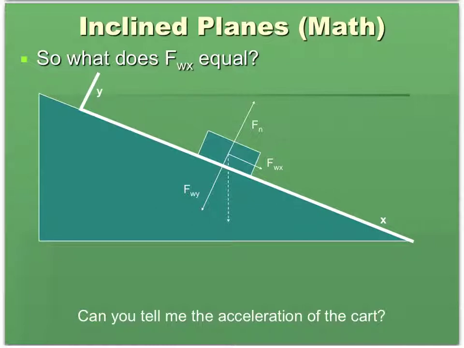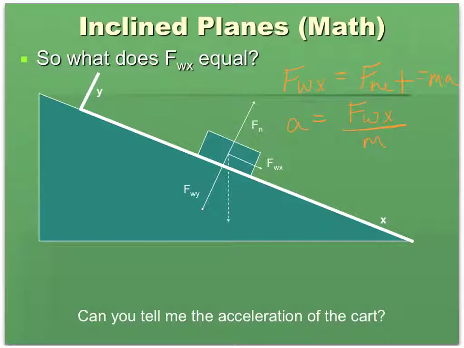So what does FWX equal? Well, we know that FWX is equal to F net, and we know that F net is equal to mass times acceleration. And so I can solve for the acceleration of the cart by taking FWX and dividing it by the mass.